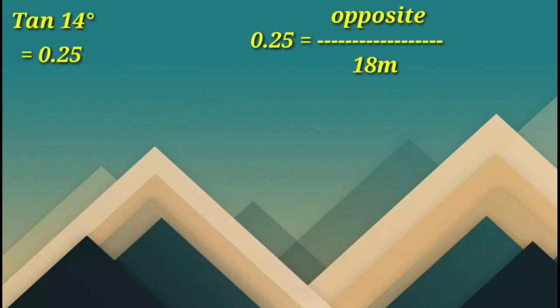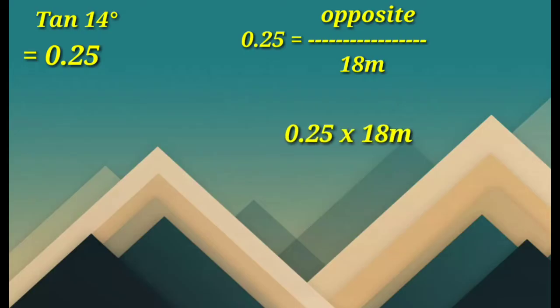So, let us proceed to the operation. 0.25 is equal to opposite over 18. So, we are going to multiply 0.25 by 18. And 0.25 times 18 is equal to 4.5. So, the value of x, or the opposite, is equal to 4.5.